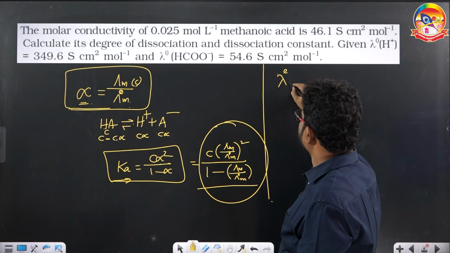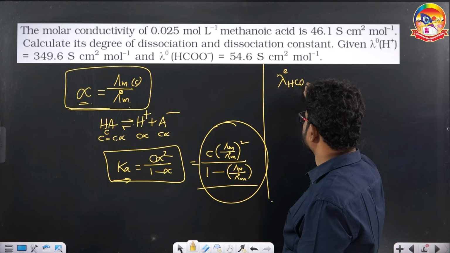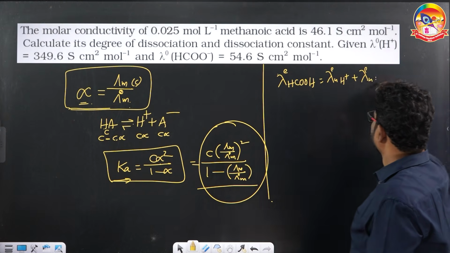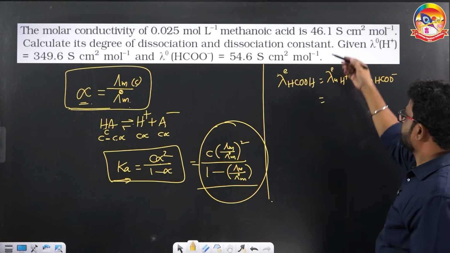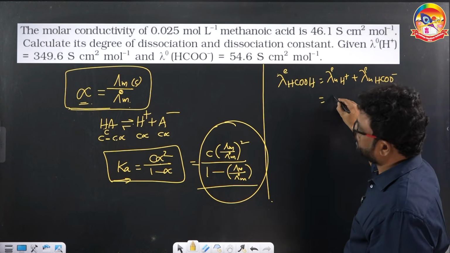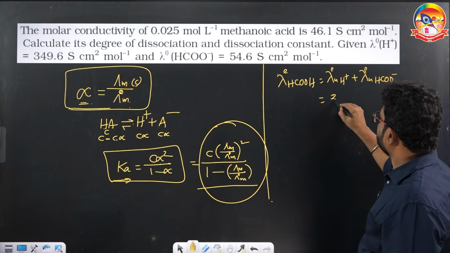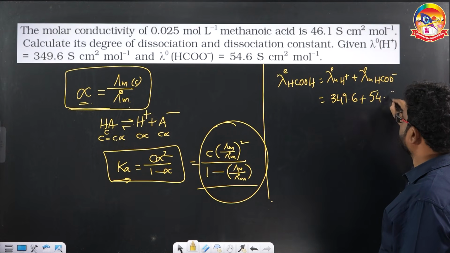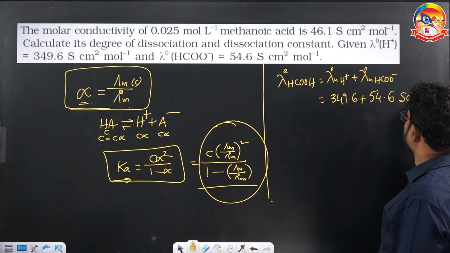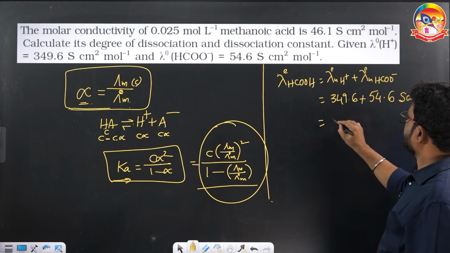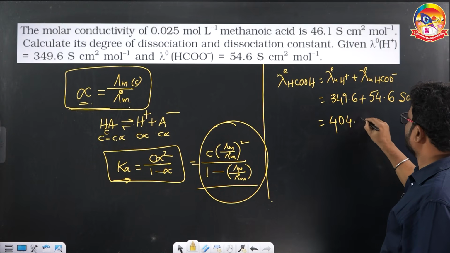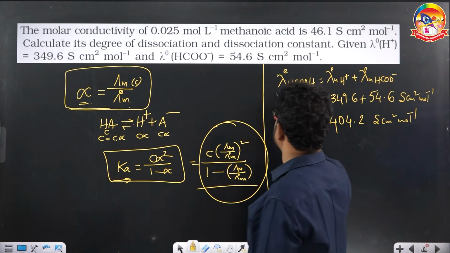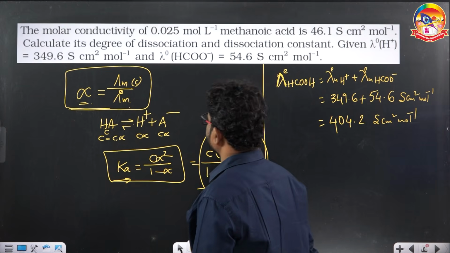So lambda naught m of methanoic acid, that is formic acid, HCOOH, is equal to lambda naught m of H plus plus lambda naught m of HCOO minus, which is according to Kohlrausch law, so that is 349.6 plus 54.6 Siemens centimeter square mole inverse, that is actually equal to 404.2 Siemens centimeter square mole inverse. This is lambda naught m, which we have, lambda naught m of the compound.